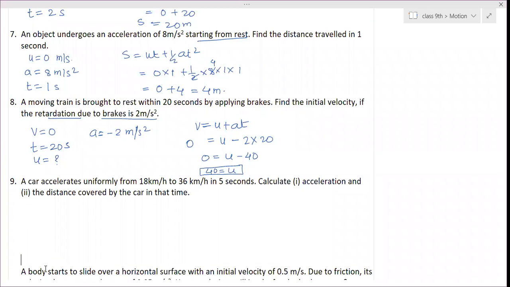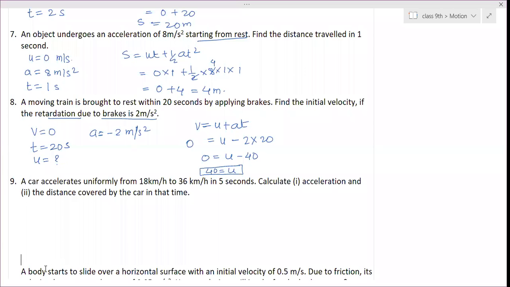Yes, right. Ma'am, even I got 37.5 meters.